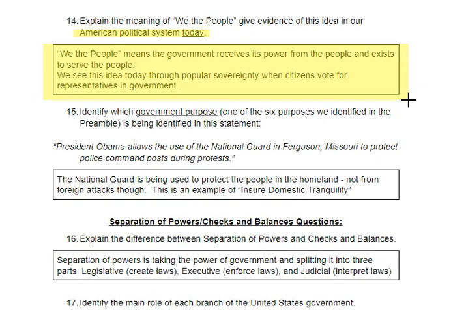So they get the power from us, and they also are designed to protect us and be there for us. We know this as popular sovereignty, consent of the governed, social contract. But we see this idea when we vote in government. So if you ever see how do we see we the people in government today, it's always about voting or getting our voice heard.